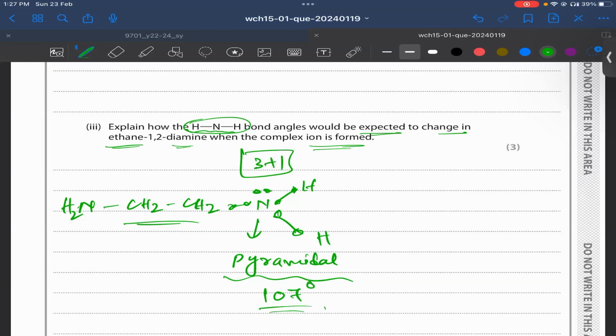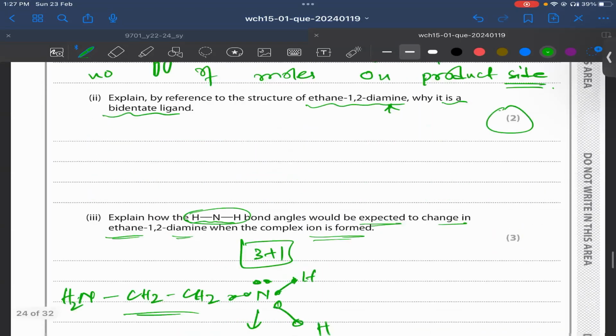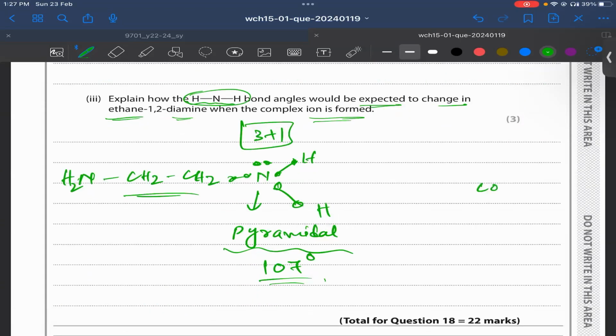So its bond angle would be 107 degrees. Once it converts into a complex, when it gets combined with cobalt, what would happen? This nitrogen makes a bond, it has two hydrogens, then this CH2, then this nitrogen, which is connected to cobalt, hydrogen, and hydrogen. Now nitrogen is making four bonds.